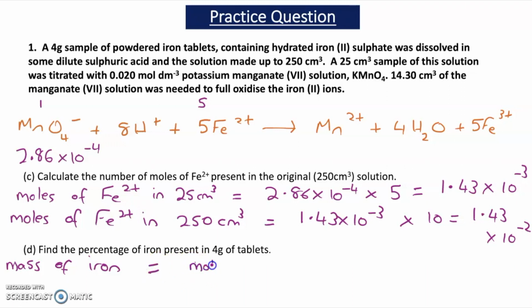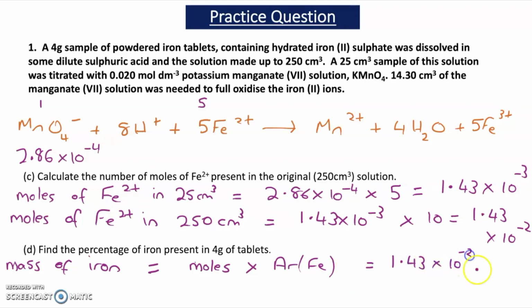Now part D is asking us to find the percentage of iron present in 4 grams of tablets. So to work out the mass of iron, we use the following equation. We use moles times the Ar value of iron, which is 55.8.